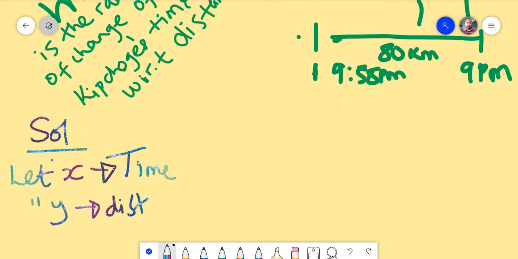Now we want the rate of change of Kipchoge's time with respect to distance. That means we are taking time, so delta x over delta y, isn't it?